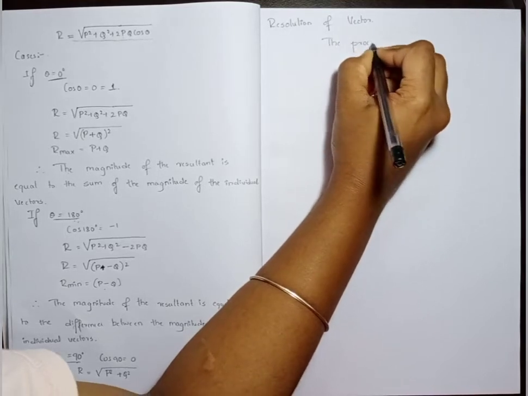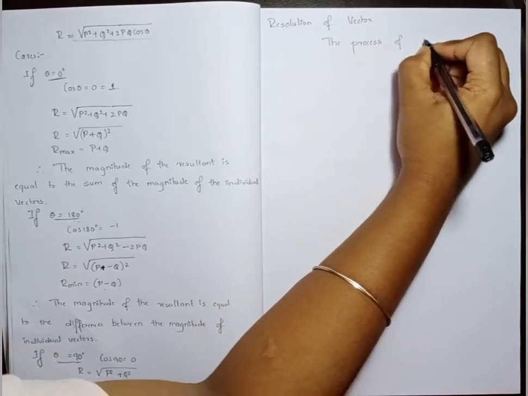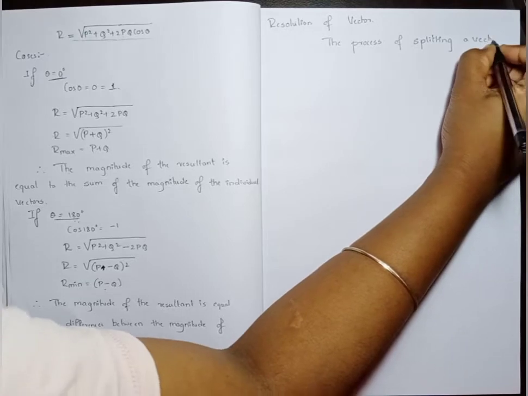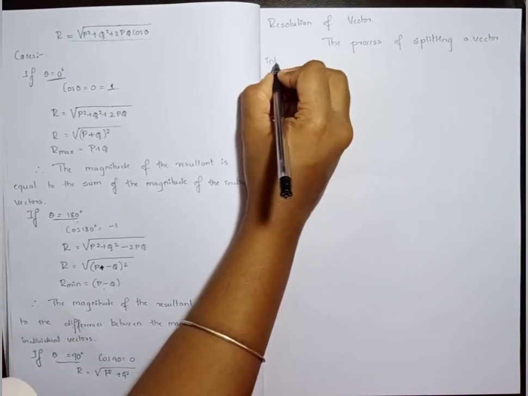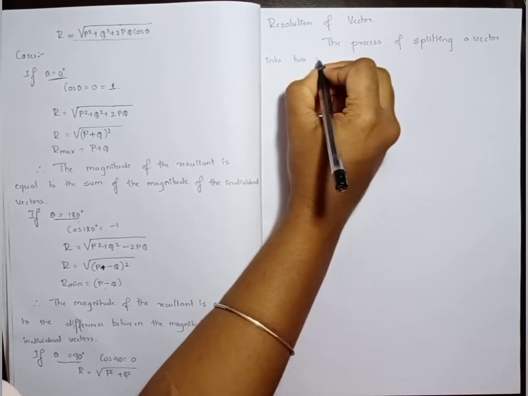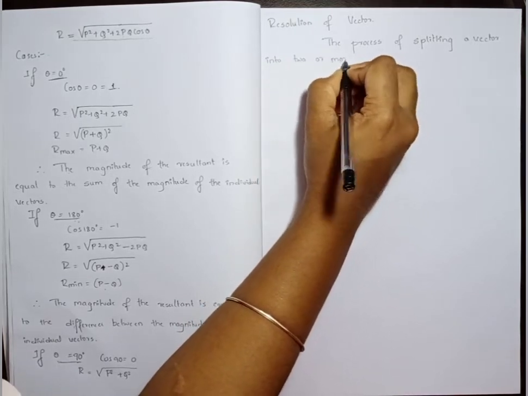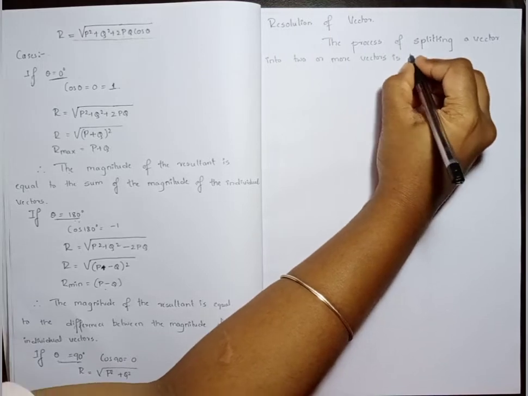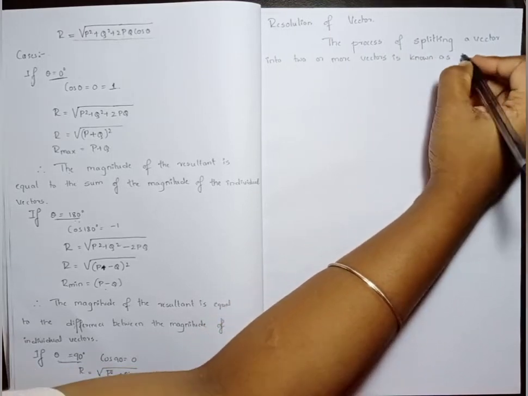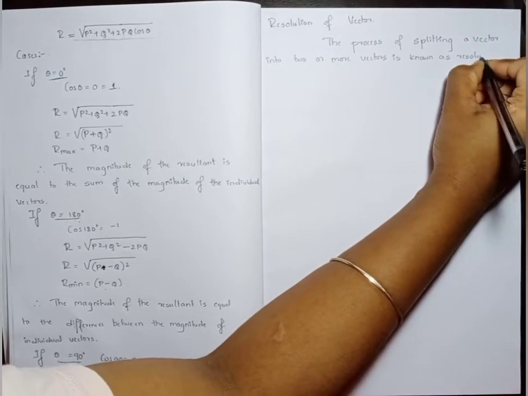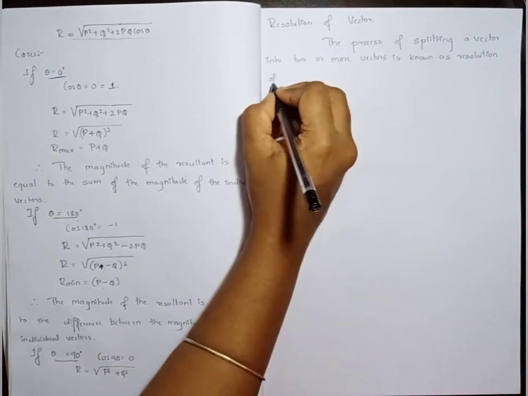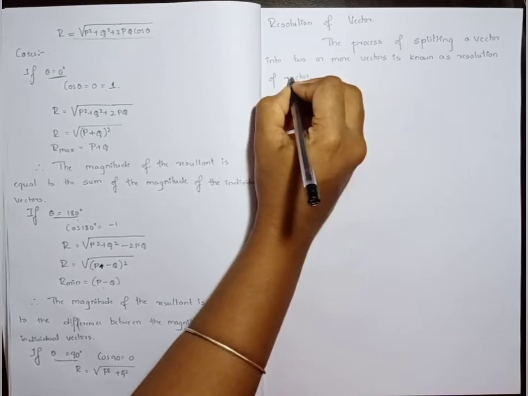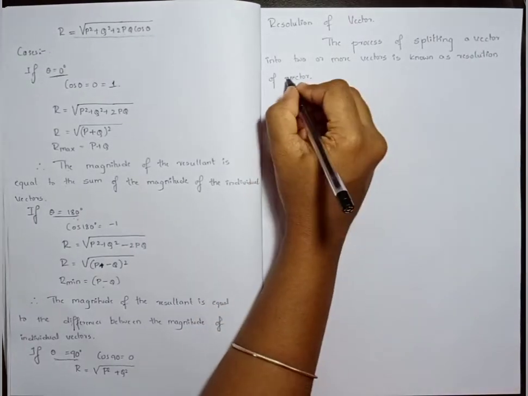The process of splitting a vector into two or more vectors is known as resolution of a vector.